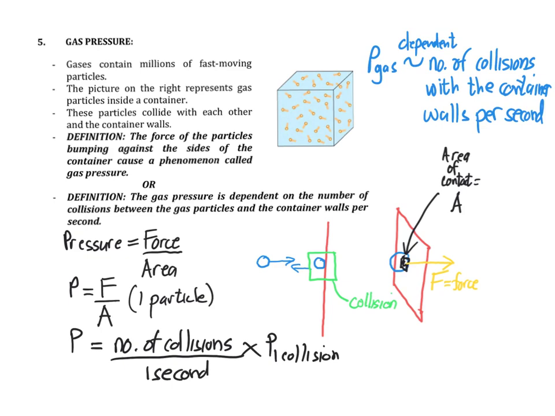So another way of defining it is the force of the particles bumping against the sides of the container cause a phenomenon called gas pressure. We'll accept that definition, but we prefer this definition because pressure is not force, it's force per unit area. But we're not going to be too strict as of yet because we have yet to do pressure in detail.